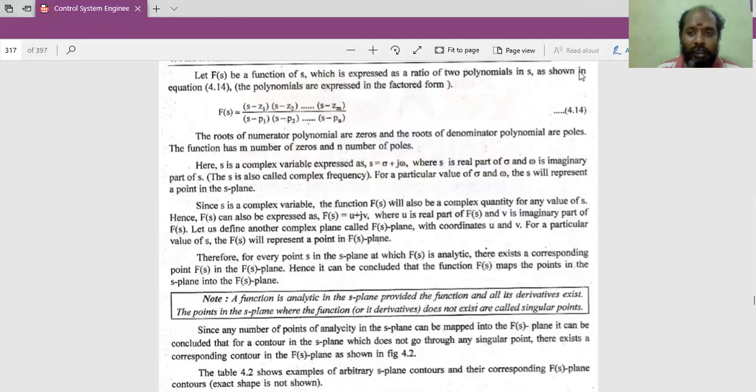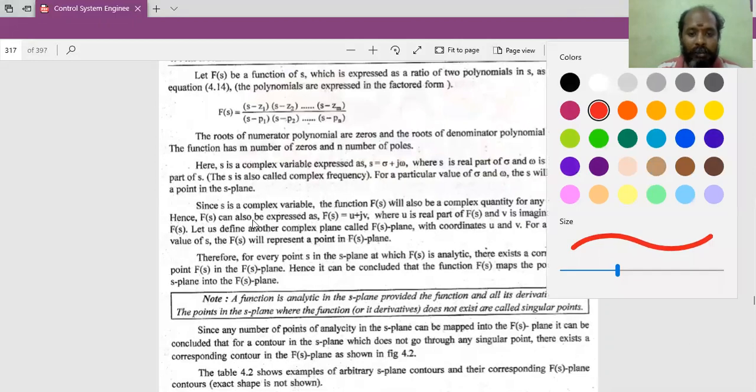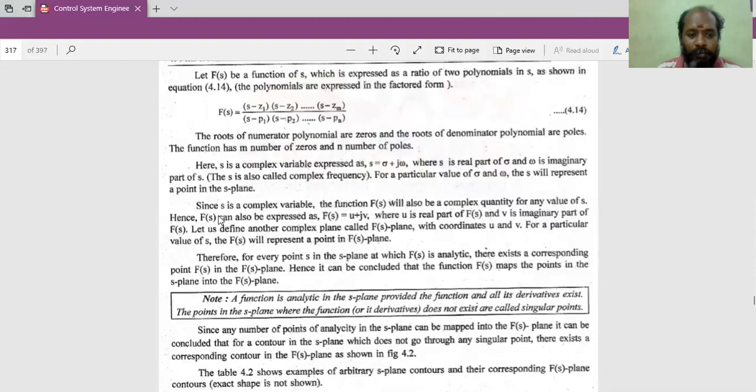We know already an S plane is a complex plane. S is a complex variable which is normally represented as sigma plus or minus j omega. So any point in this plane can be mapped to another plane, which we call the f of s plane, and it is also a complex plane.